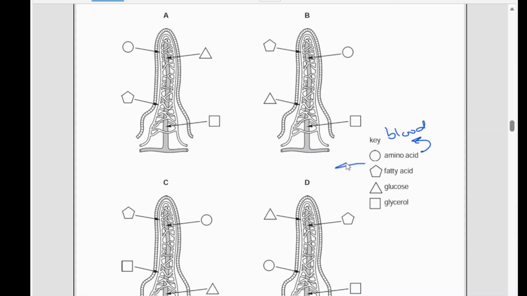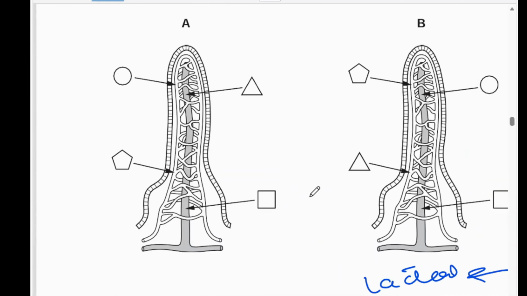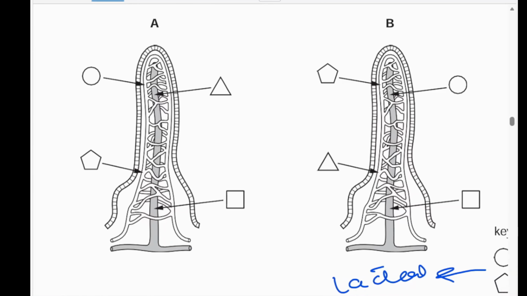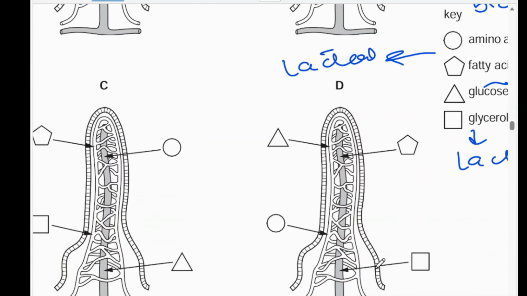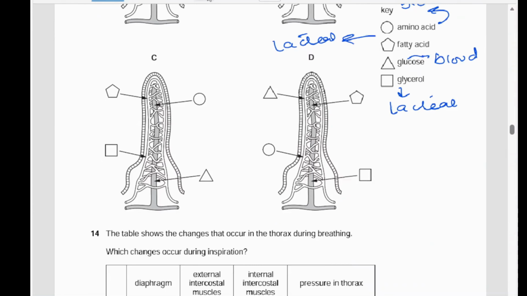Okay, fatty acid, lacteal, glucose, glycerol. So this pentagon and square should be, let's see, is the pentagon shown in D and the square? Yes. So the answer is D.